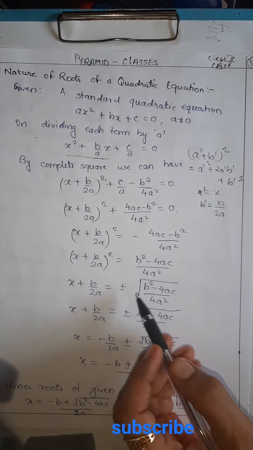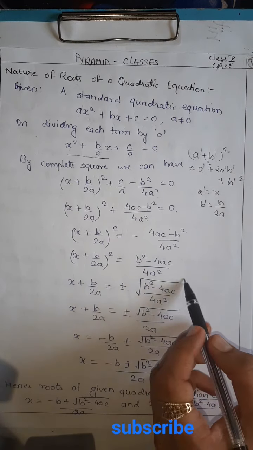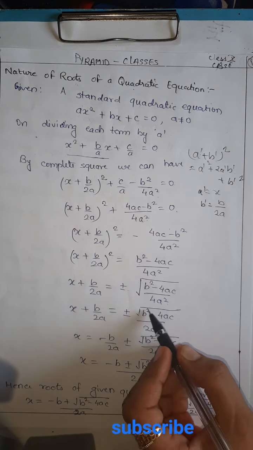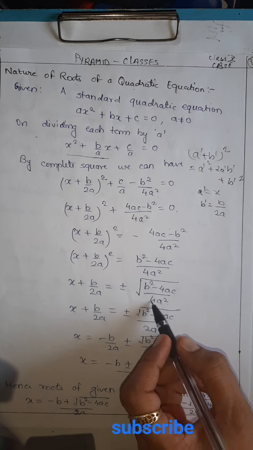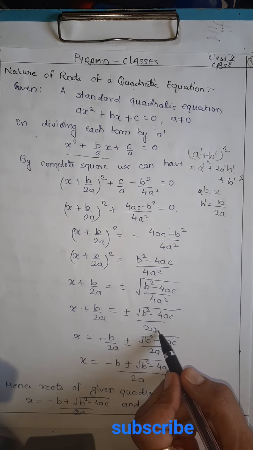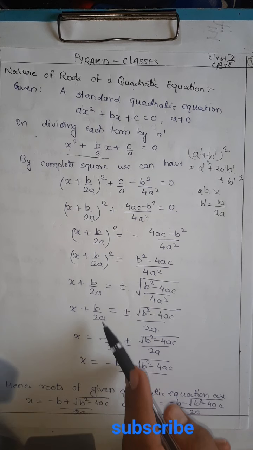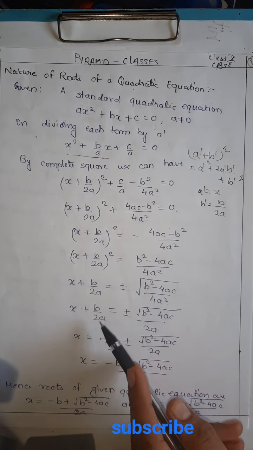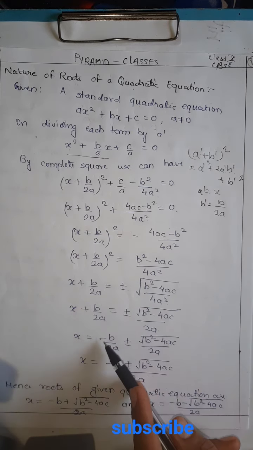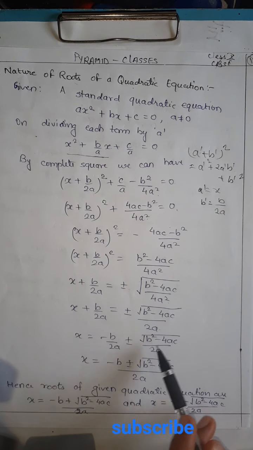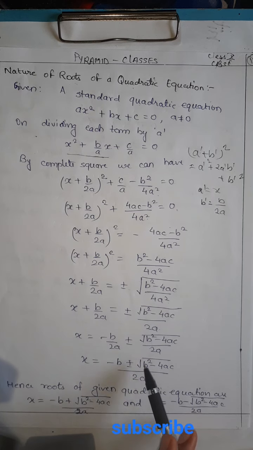On taking the square root on both sides, we get plus minus under root of b square minus 4ac by 4a square. Taking the root of 4a square, we get only 2a. So we write x is equal to minus b by 2a, shifting it from left to right, plus minus under root of b square minus 4ac by 2a.